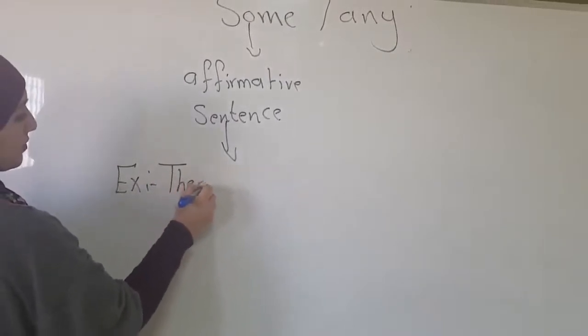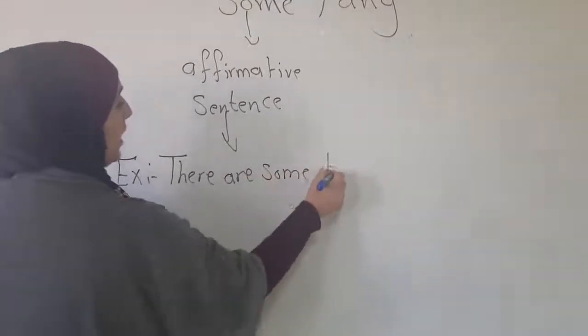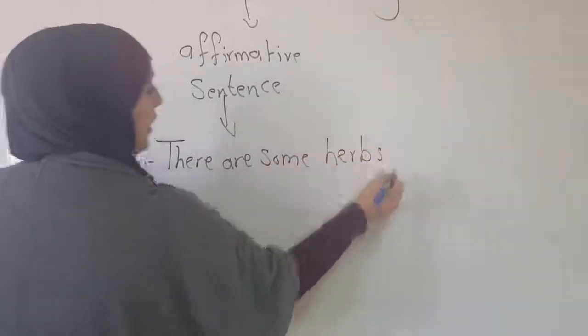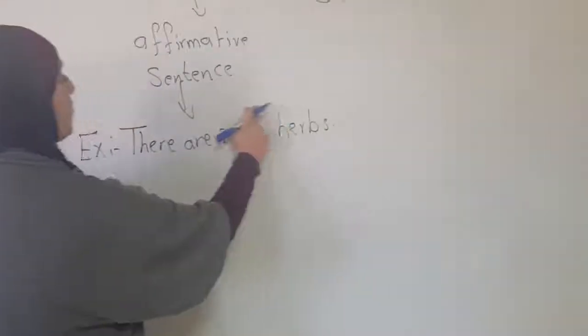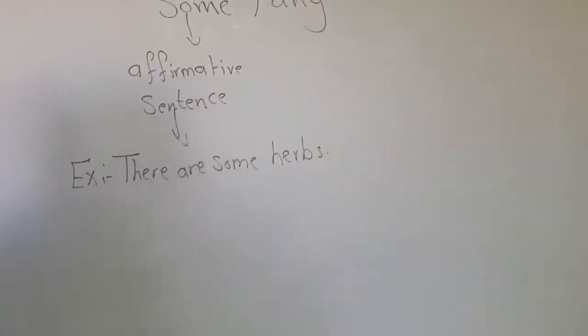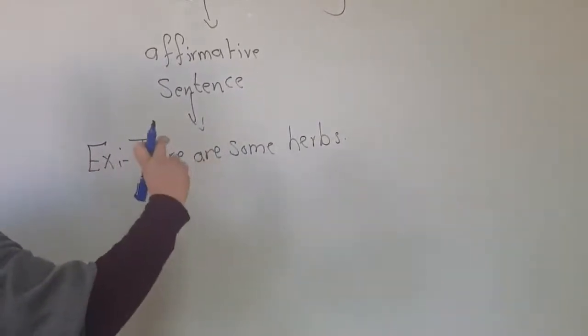There are some herbs. Look at this sentence. What is the form of this sentence? What is the meaning of form? Form means شكل.